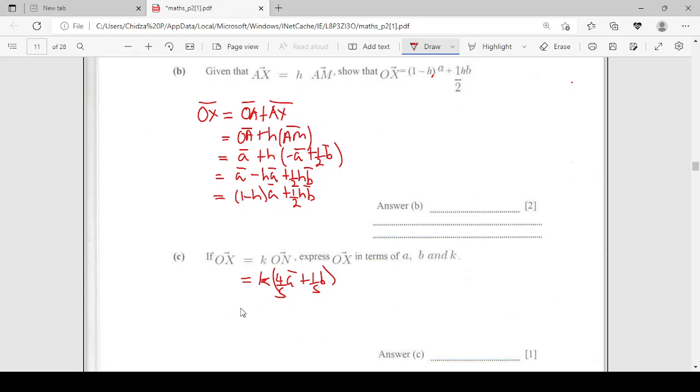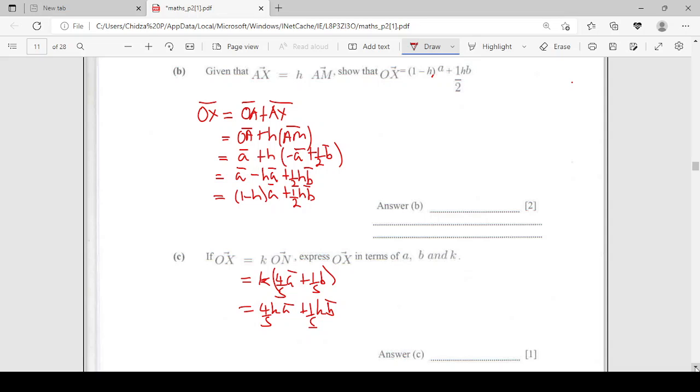And we can leave it like that, or we can multiply the bracket so that we have 4/5 kA plus 1/5 kB, right? When you've done that, you would have solved for that part.